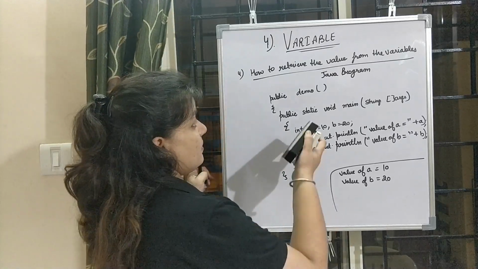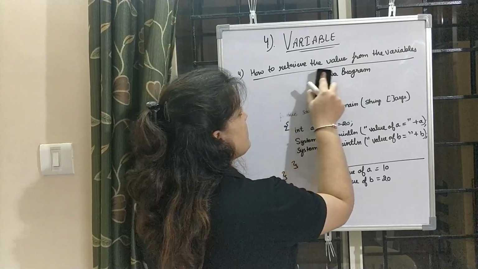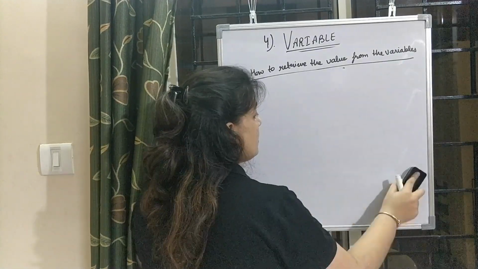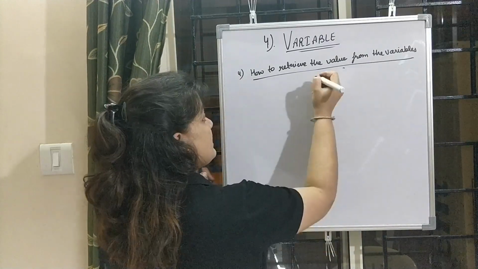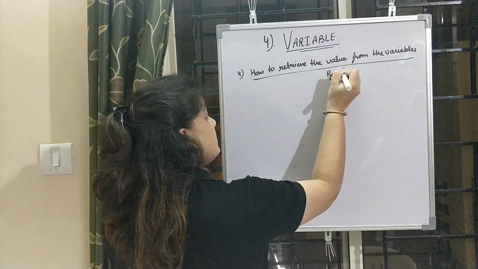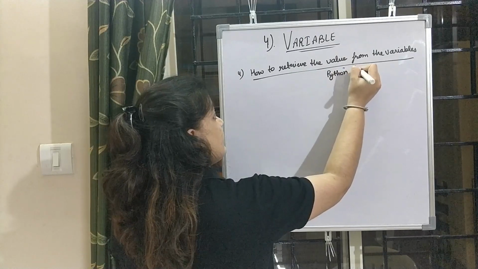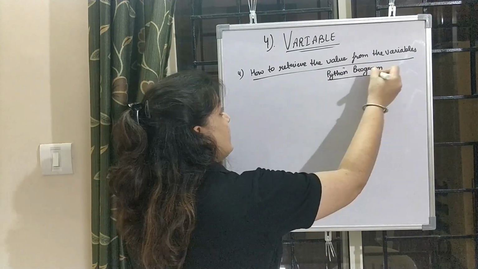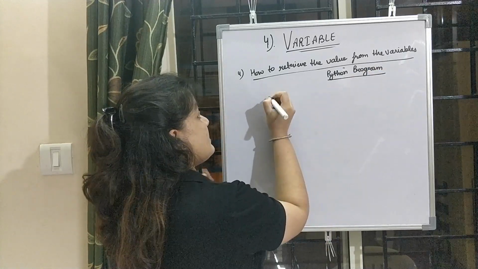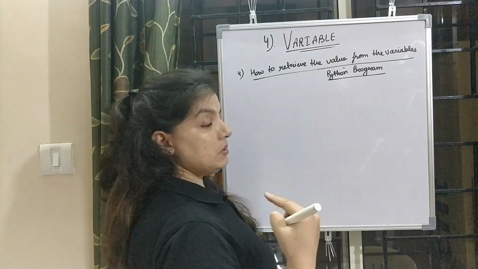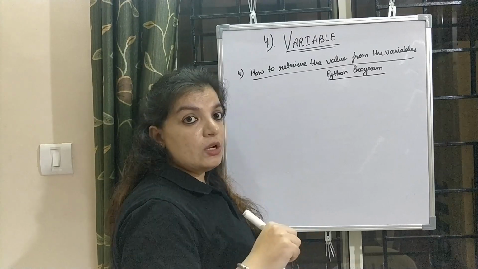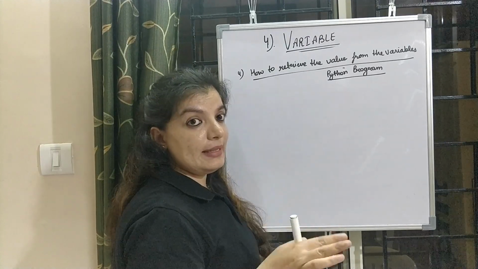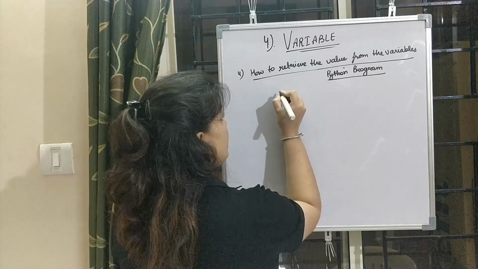Now the next example we will take using the Python programming language. What features have we discussed earlier? First, we don't need to specify any keyword for a particular data type at the time of creating variables. So how do we write here?